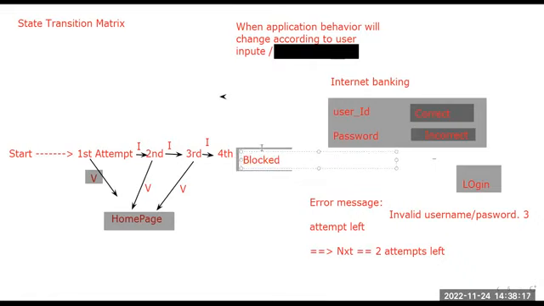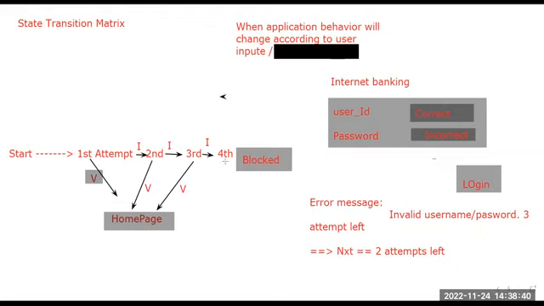I think in real time you guys are getting it right. So after the third attempt, if you give an invalid credential, then it will block your card. Now let's say you are in the fourth attempt and you try to enter your username and password, giving a valid credential.